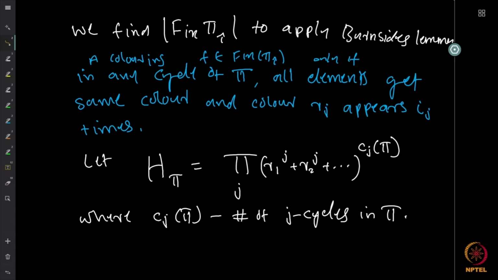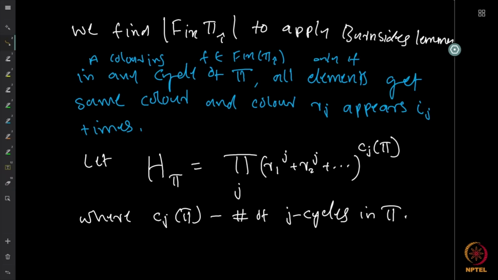Now it follows that the coefficient of this term that we are looking at, r1 raised to j1, r2 raised to j2, etc., is actually equal to the number of elements fixed by the permutation pi acting on I cap, that is, the fix of pi I cap.